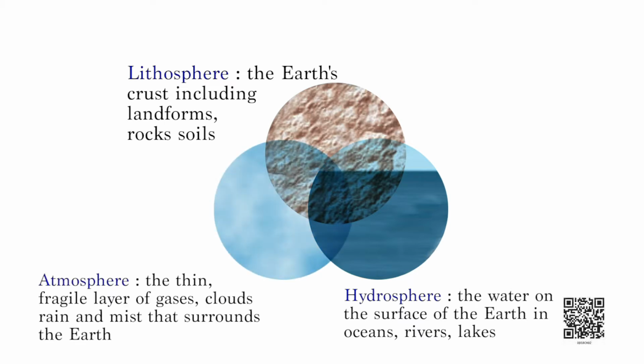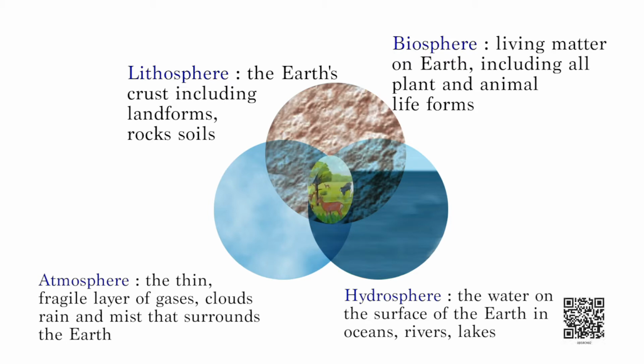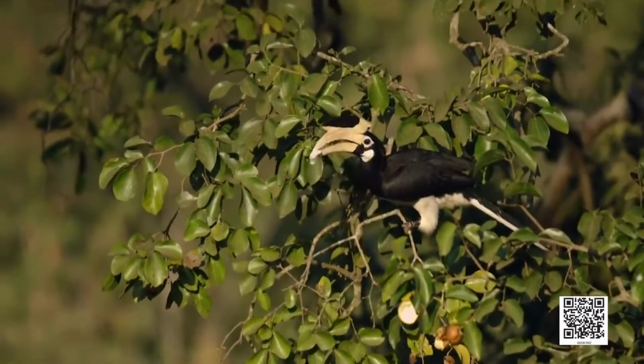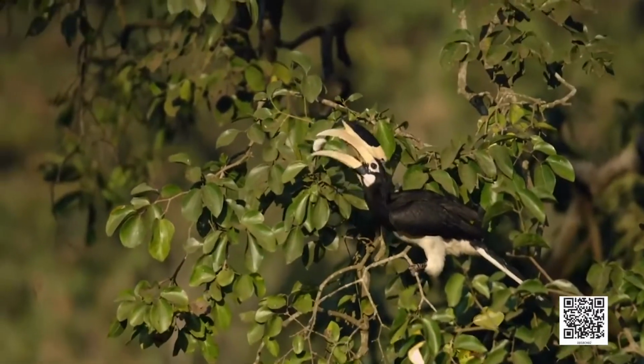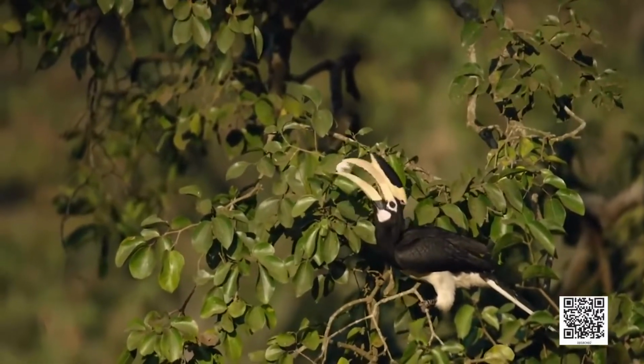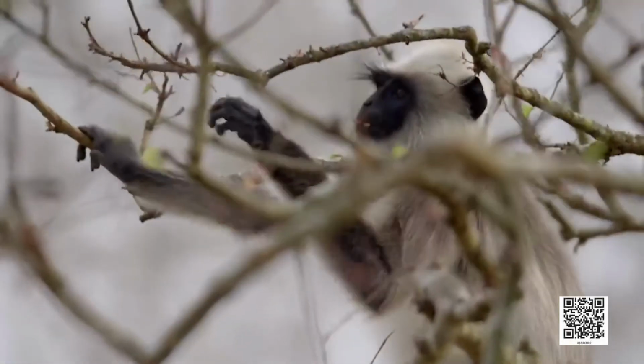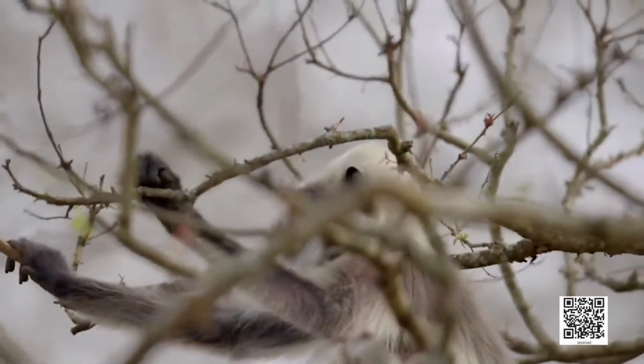The atmosphere is the thin fragile layer of gases, clouds, rain and mist that surrounds the earth. The biosphere is living matter on the earth including all plant and animal life forms. In the biosphere, all living beings are interrelated and interdependent on each other for their survival. This life supporting system is known as ecosystem.